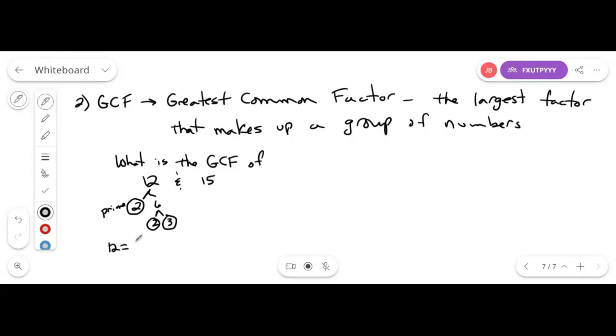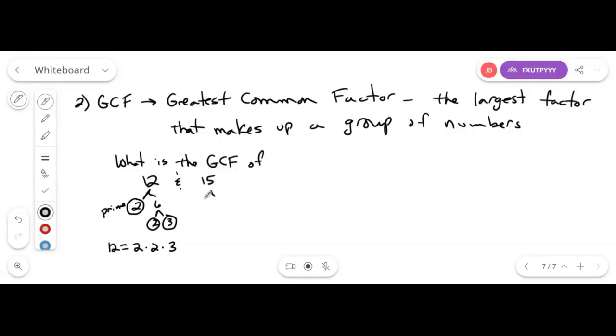So 12 is really 2 times 2 times 3 if you take the number 12 and break it all the way down into its bare bone numbers that make up that number. In other words, the factors, you can't break them down any further.